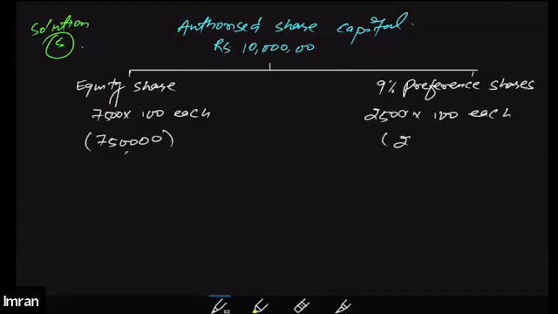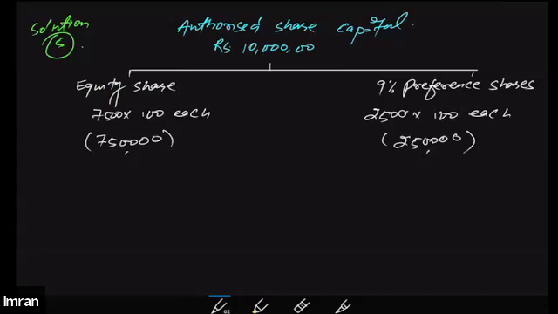That means total of 2,50,000. So basically, question is telling us that total authorized share capital of the company has been broadly categorized into two parts. It contains 7,500 equity shares and 2,500 preference shares having the face value of 100 each.